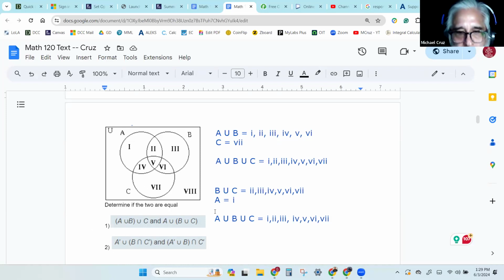So B is 2, 3, 5, 6. See that? Inside of the B, there's 2, 3, 5, and 6.